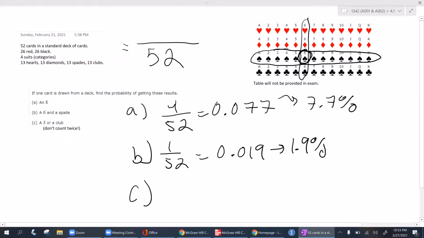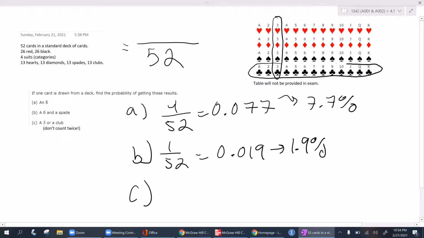And for this last part, I have the probability of getting a 3 or a club. The chances I can get a 3 are 4, and the chances that I can get a club are 13. Because it's or, it's one or the other.